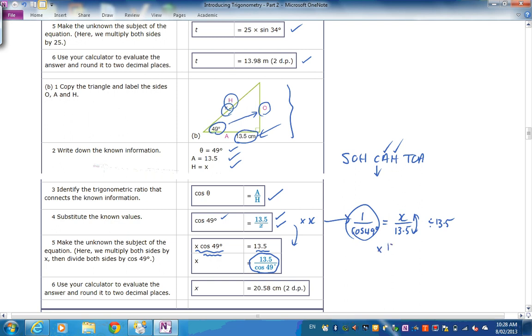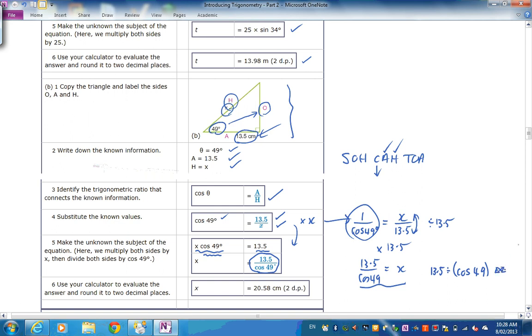To get x back again, we'll multiply by 13.5. So you get 13.5 divided by the cos of 49 is x. You get the same result, two different ways of thinking about it. Now we've got to go to the calculator. The syntax would be 13.5 divided by, I'll probably just bracket this for a reminder, cos 49 and execute.